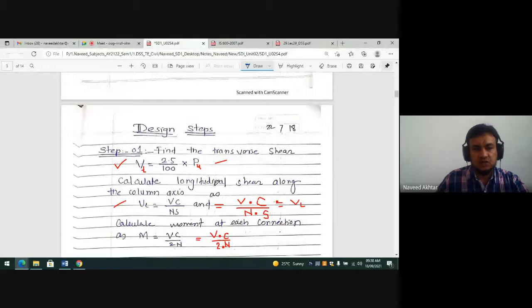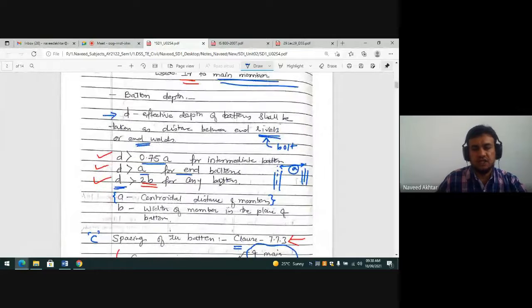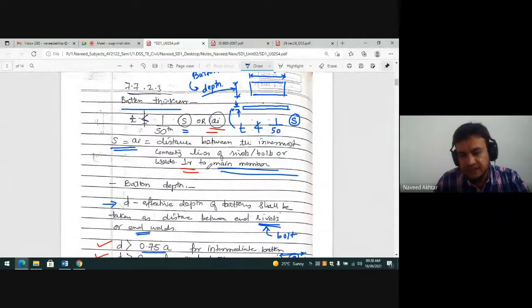So these are the clauses for the design of the battening system.